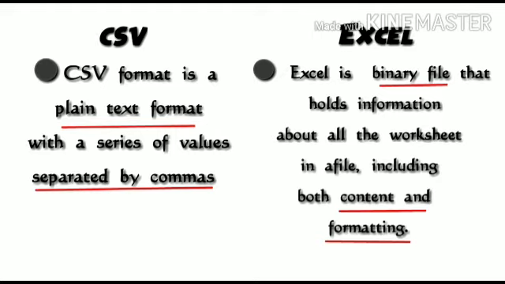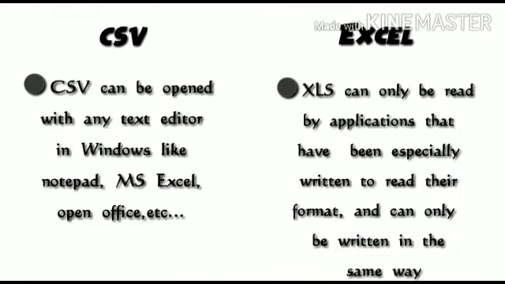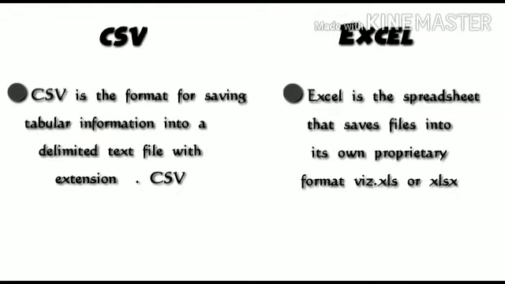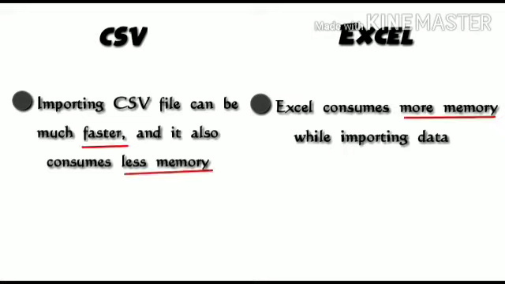Examples of text editors are Notepad, OpenOffice Writer, MS Excel, StarOffice Writer, etc. The extension of Excel is .xls or .xlsx. The extension of the CSV file format is .csv.